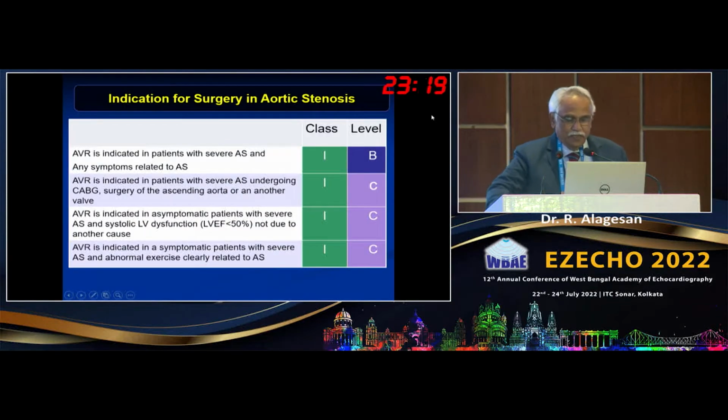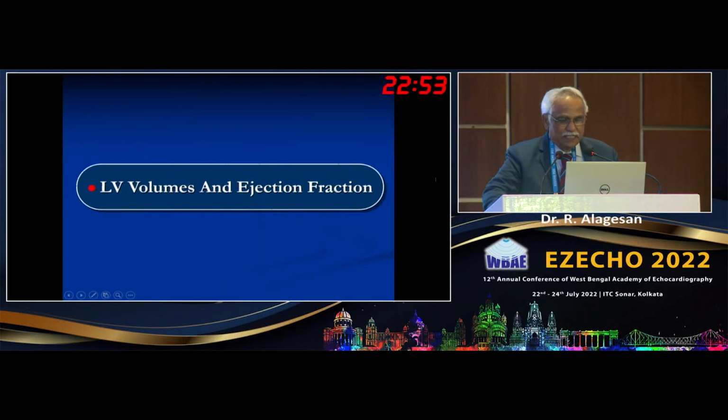So in order to avoid unnecessarily putting a CRT in a patient with higher ejection fraction, we have to accurately measure the volume and the ejection fraction. In aortic stenosis, if the ejection fraction is less than 50%, even if the patient is asymptomatic, they have to be operated on, and you have to do a TAVR or a SAVR.